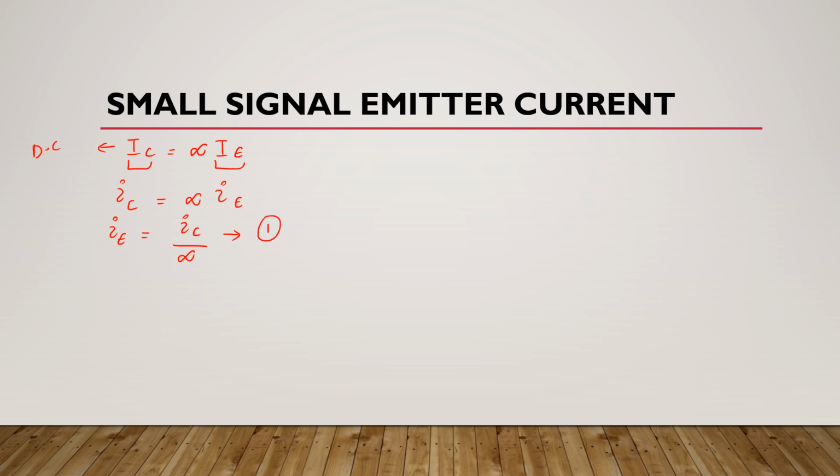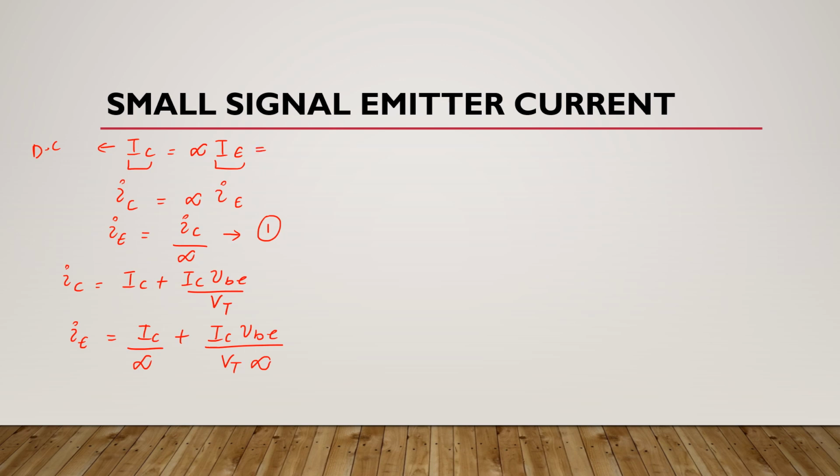We know that the equation of instantaneous collector current is equal to IC plus IC vbe divided by VT. Now if we put this value of instantaneous collector current in equation number 1, we get instantaneous emitter current is equal to IC divided by alpha plus IC vbe divided by Vt alpha.